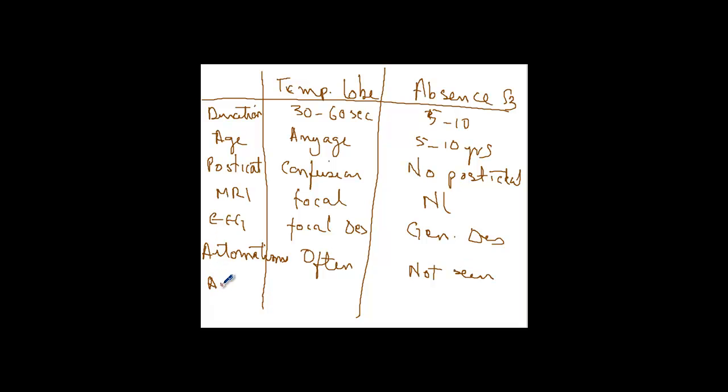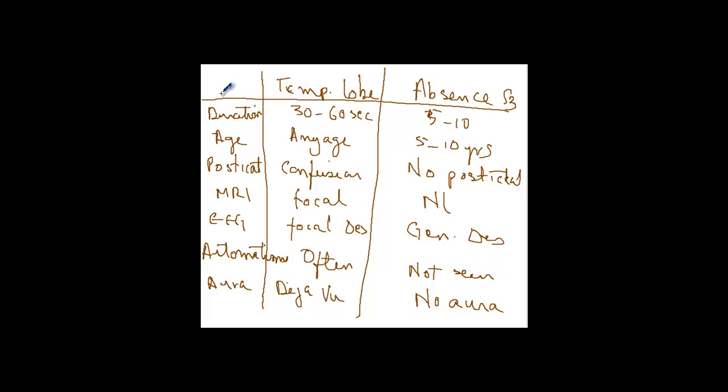Aura. So patients with temporal lobe seizures may experience deja vu, they may have an olfactory aura, they may have an abnormal taste, whereas absence seizures do not have auras. So that will help you differentiate the temporal lobe seizures versus absence seizures.